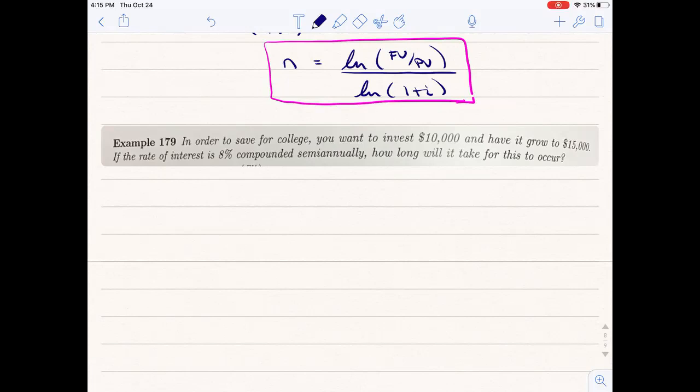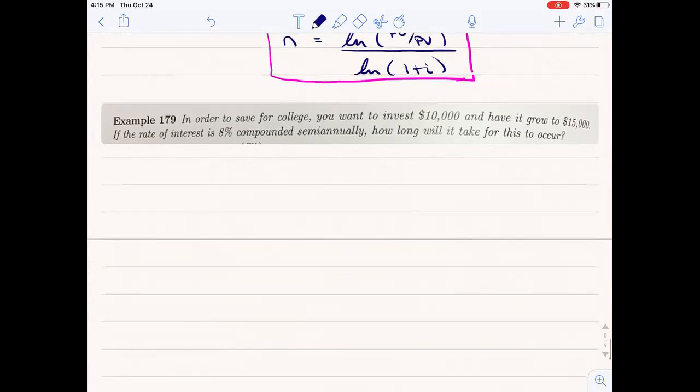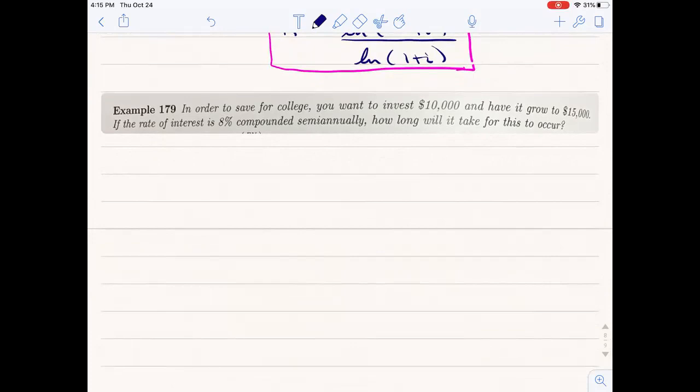First I want to make a note. We usually want to solve for time, T. Same idea as before when we had to solve for i in order to solve for r.